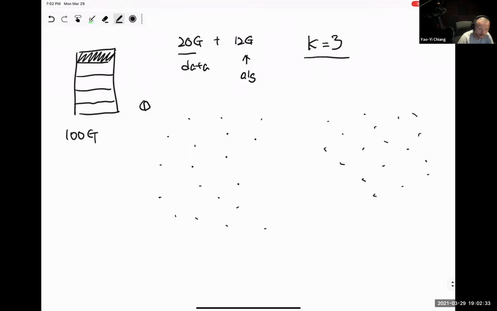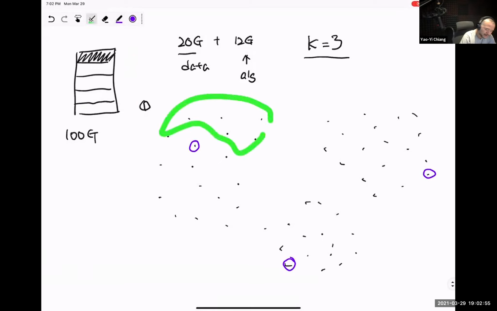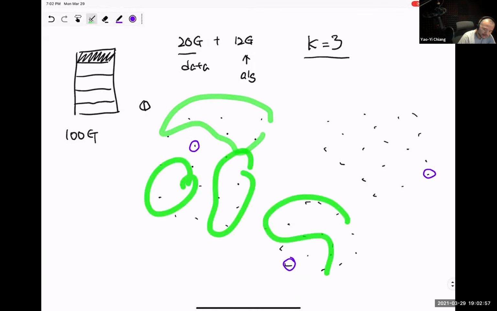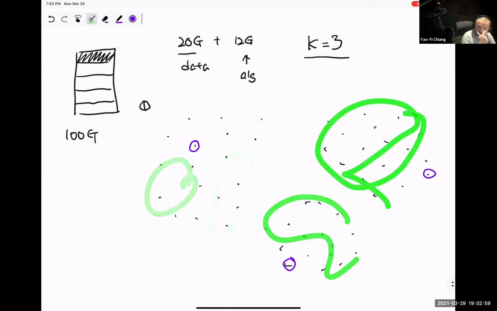A couple of ways you can do this. For your first round, let's just talk about 2 ways. First, you can randomly pick one cluster center, then pick another one as far away as possible, and the third one as far away as possible, like we talked about before. Then you assign all these other points to some of the clusters.